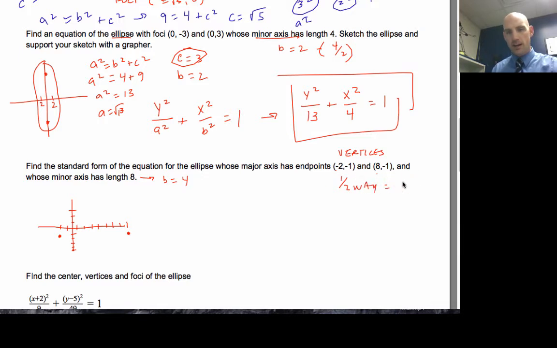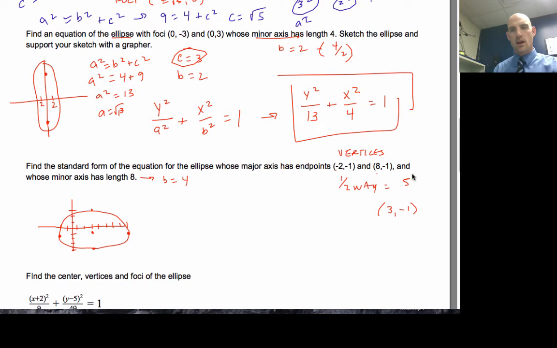So halfway between negative 2 and 8 is going to be 5, because that's a total of 10. So it's going to be (3, -1). Here's my center. I need to go up 1, 2, 3, 4, and down 1, 2, 3, 4, and my ellipse looks kind of lumpy, but like this.